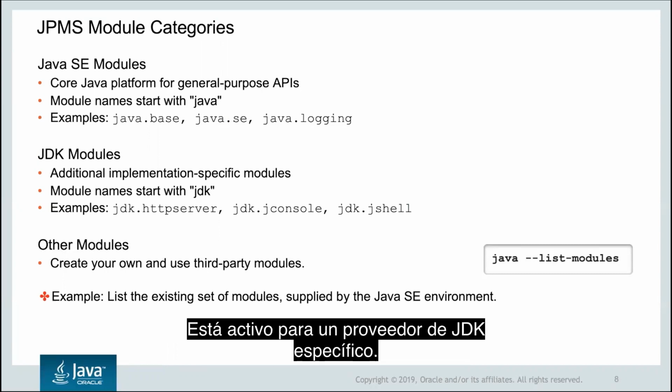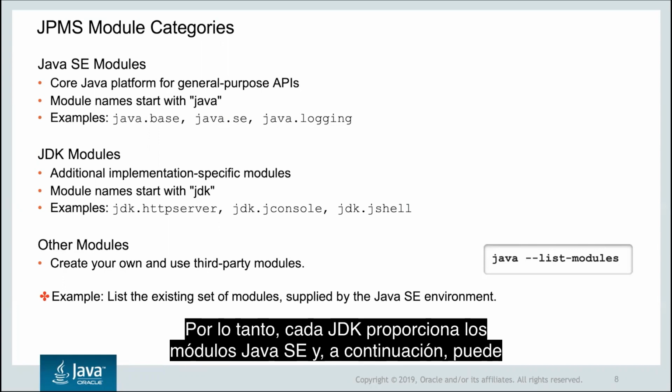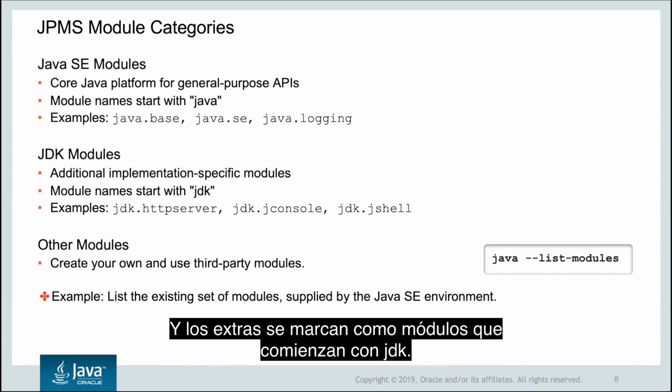It's up to the specific JDK provider. They may add stuff, but then again, they don't have to, right? So every JDK provides the Java SE modules, and then they may provide some extras. And the extras are marked as modules with names starting with jdk.